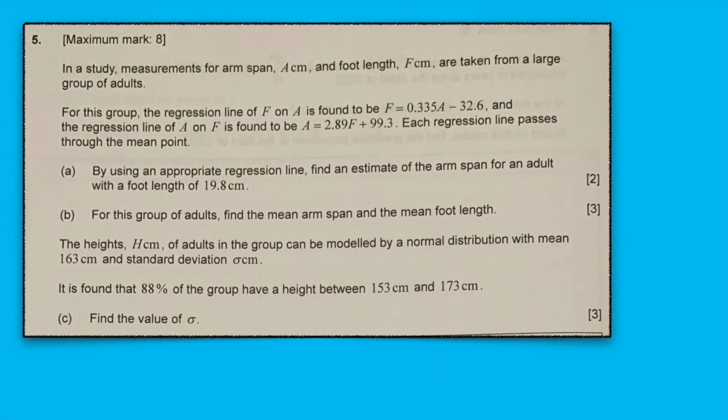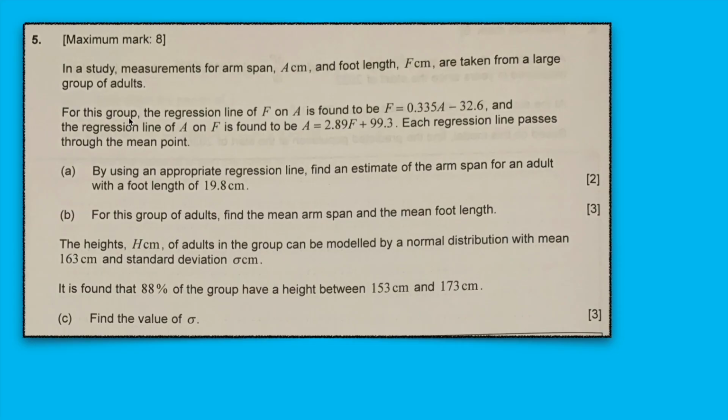Question 5. This question looks long. Okay, let's try to do it part by part. In a study, measurements for arm span A centimeters and foot length F centimeters are taken from a large group of adults.